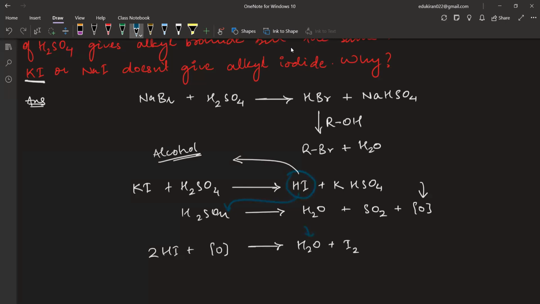Since we are making HI, and HI is a very strong reducing agent, and H2SO4 is a strong oxidizing agent, whenever we have a strong reducing agent and a strong oxidizing agent, they will always react. That is why we should not make HI, or we should change this H2SO4. If I have something else rather than H2SO4, then this reaction will be feasible.